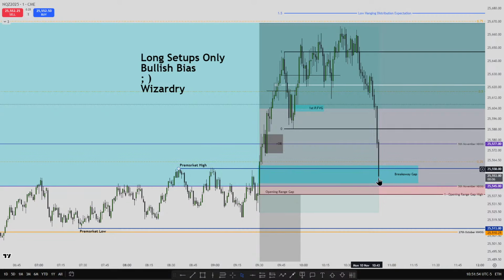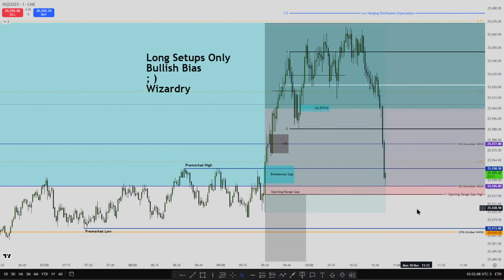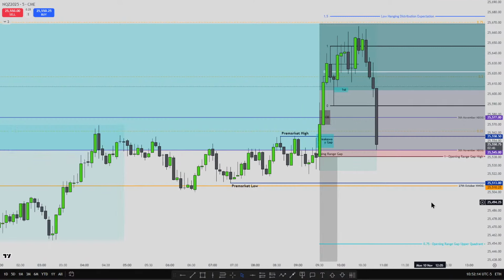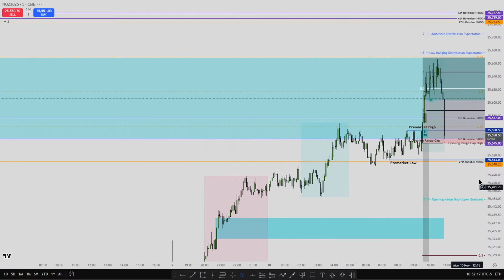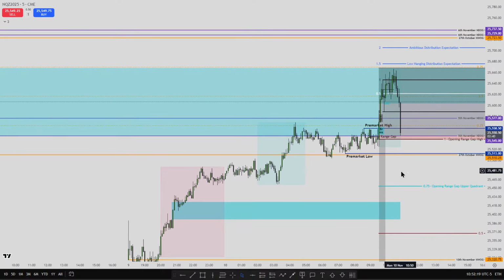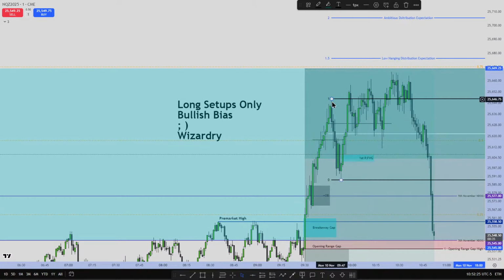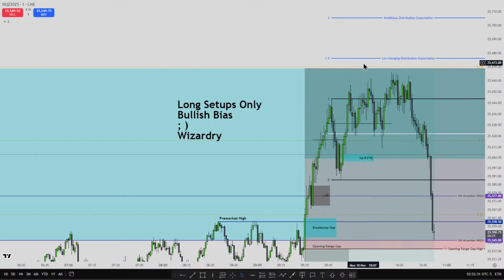That breakaway gap is no longer a breakaway gap. Doesn't mean you discard it. Damn, so we made a run at this fair value gap high seven times, and it didn't get it, because this fulcrum's not really valid anymore.